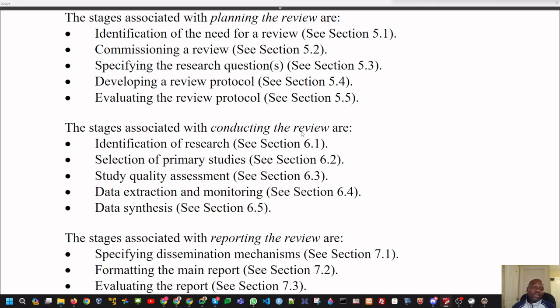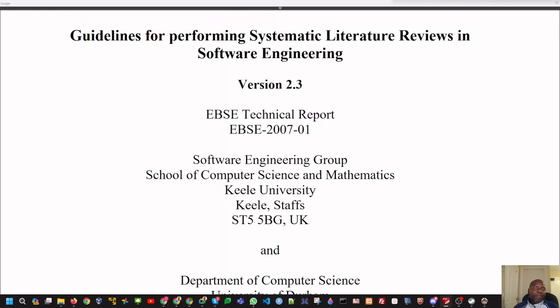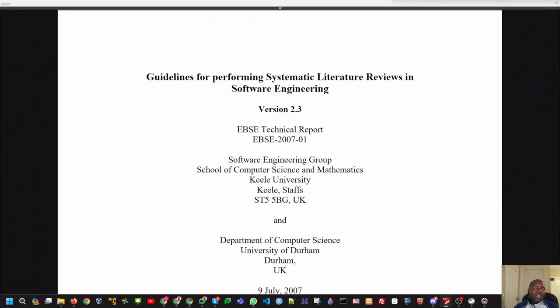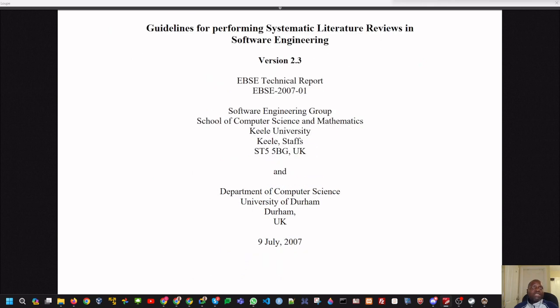The rest of the guideline explains the entire process, and you can see each step has been given a section in the guideline by Kitchenham. So that's what Kitchenham is saying.